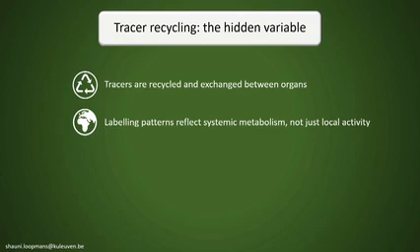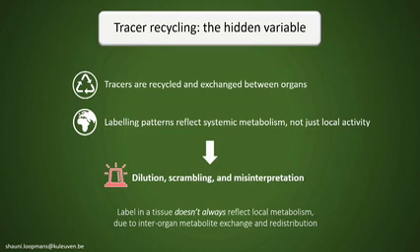And so the labeling patterns that you see, they reflect systemic metabolism and not just local activity of this one tissue. And this, of course, makes everything a bit more complicated because you will have dilution, scrambling, and misinterpretation. So you just have to keep in mind that due to this inter-organ metabolite exchange and redistribution, your labeling patterns will be a bit more complex and might not look the same as when you're doing an in vitro tracer experiment.